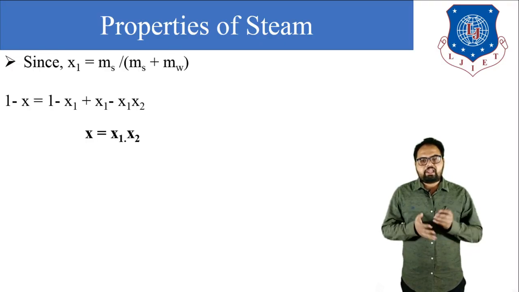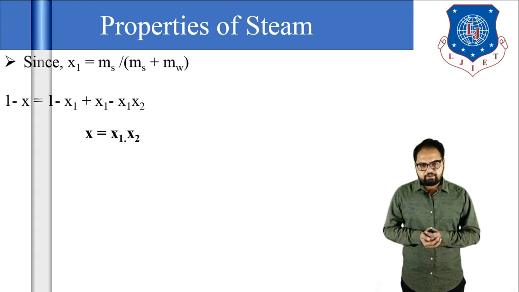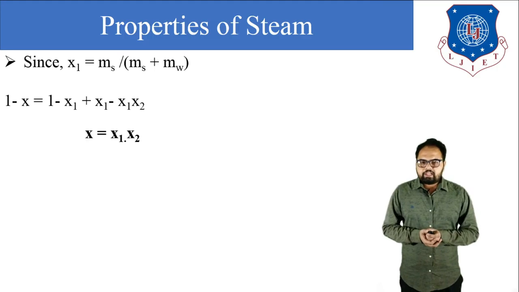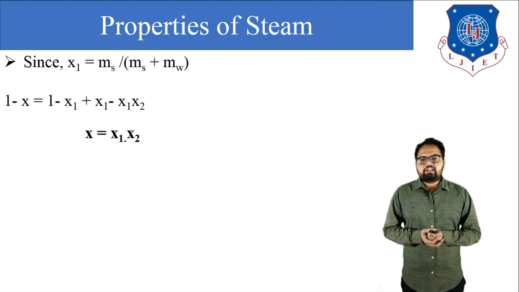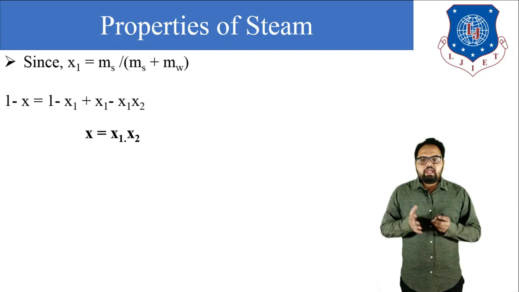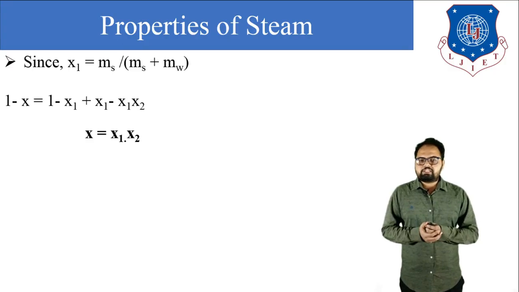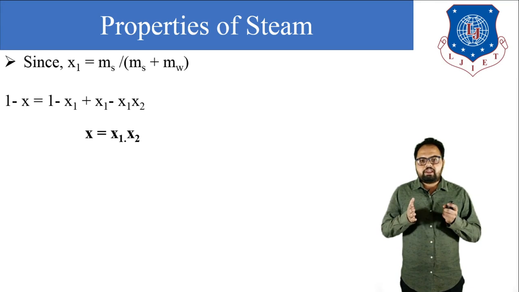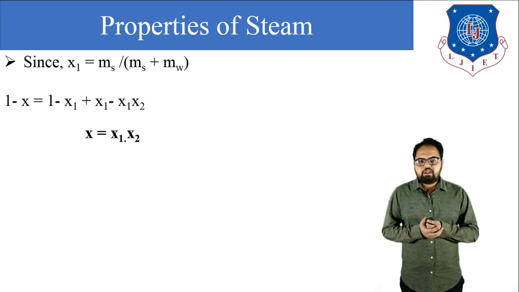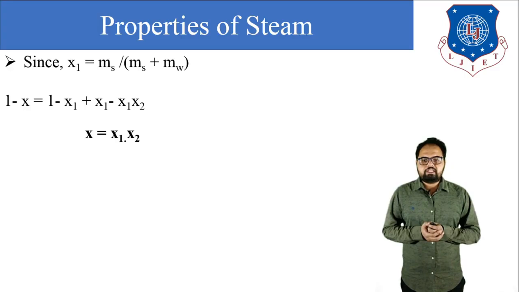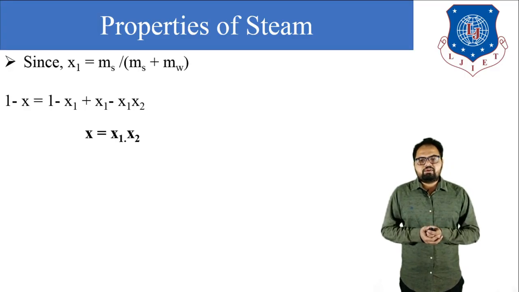After that, we calculate the dryness fraction from the throttling calorimeter using hf1 plus x2 into hfg1 is equal to hg2 plus Cps in bracket (T sup minus T sat). By solving this equation we get the value of x2.